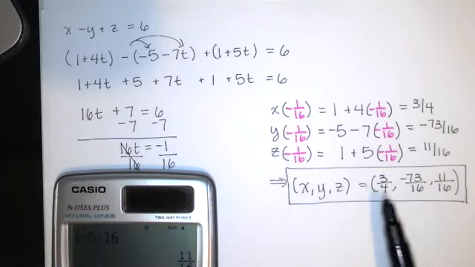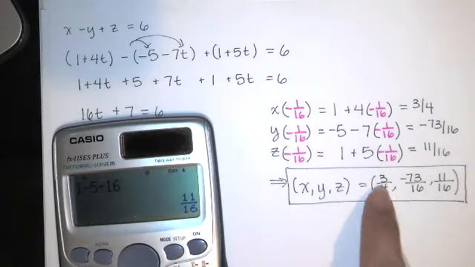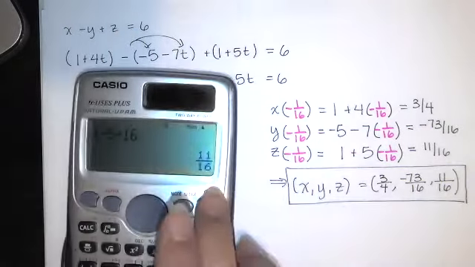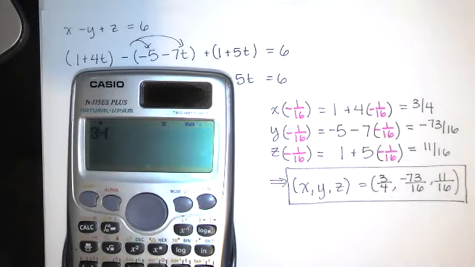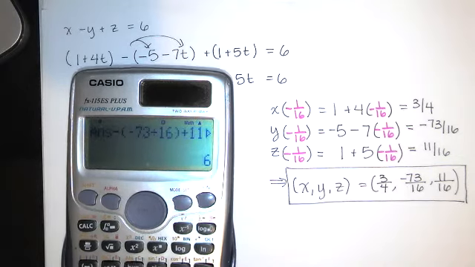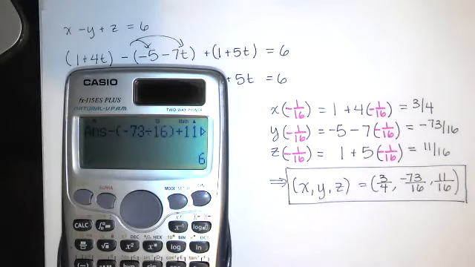If I've done everything correctly, when I do the x minus the y plus the z, I should get 6. So let's see. We'll do 3/4 minus y, which is negative 73 over 16, plus z, which is 11 over 16. Hey, I do get 6. So that's a very good sign.